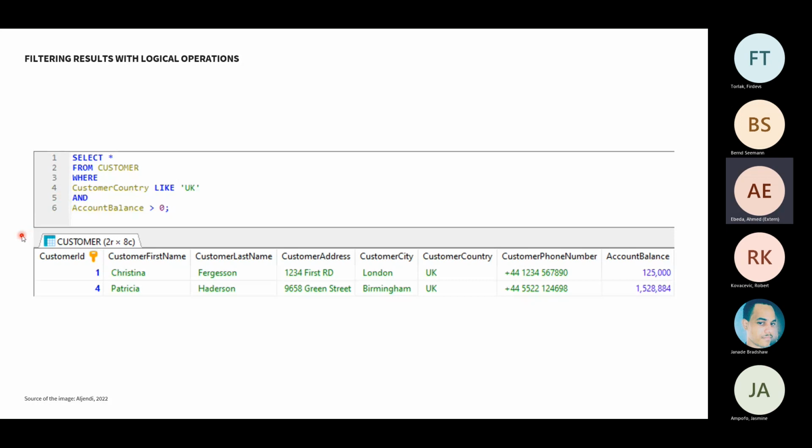If you use or, if one of these two conditions is fulfilled, then it will bring the results. So it's very important to understand these logical operations and how to use them.